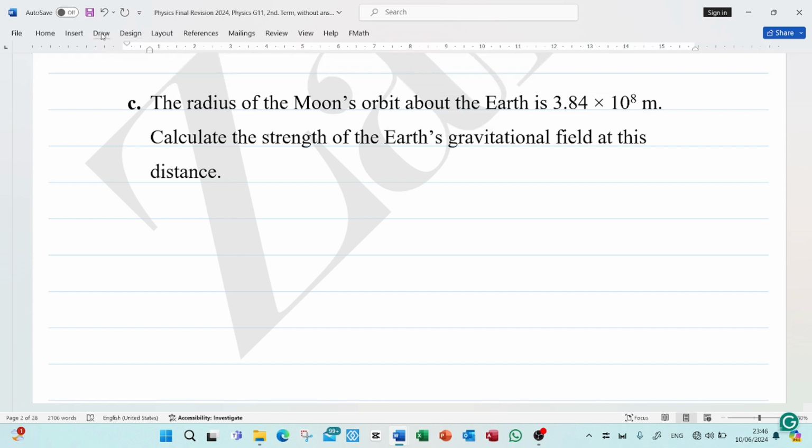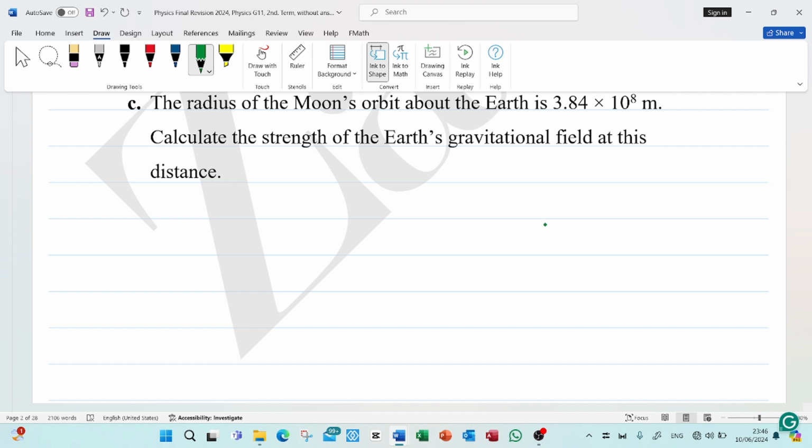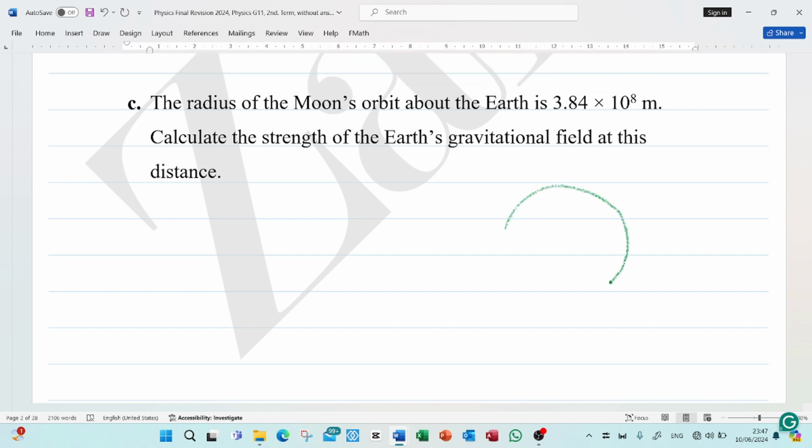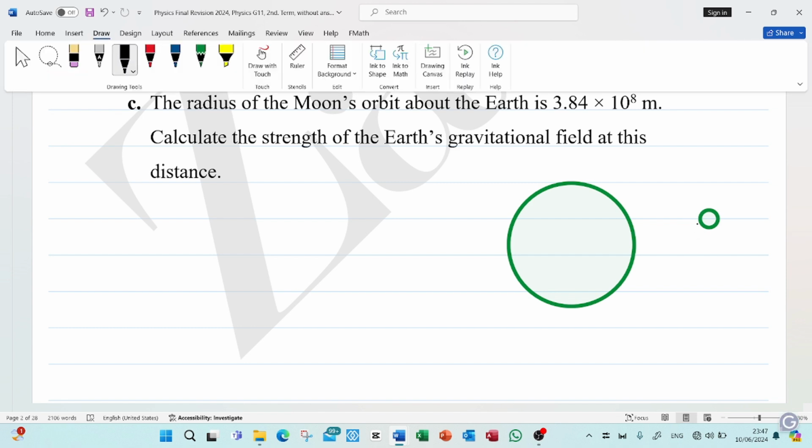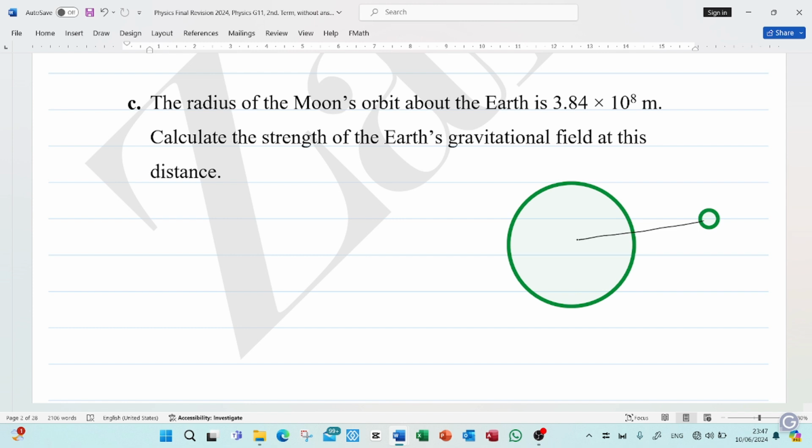First, this is the Earth, and this is the moon. This is the distance from the Earth to the center. He said the radius of orbit, so this is r small. So r small is 3.84 multiplied 10 power 8 meter. This is m small and this is m capital.